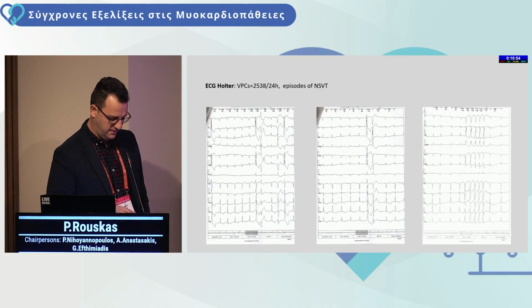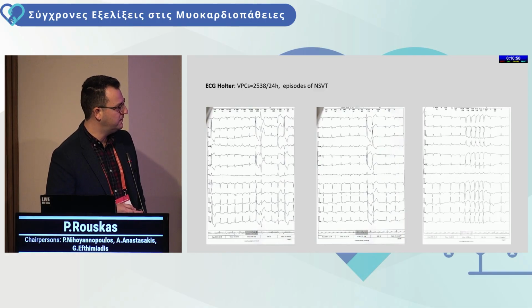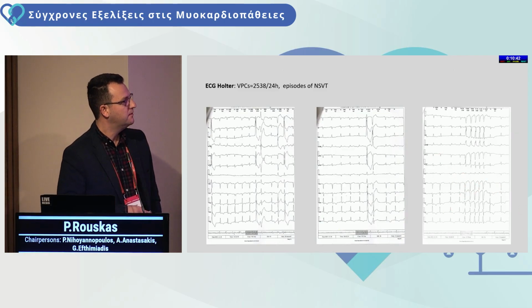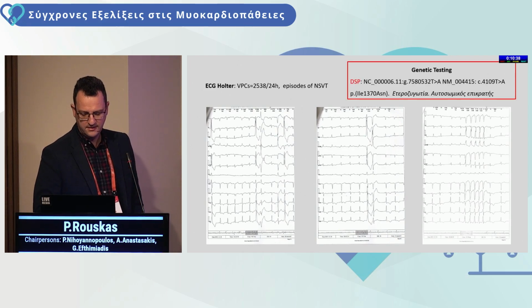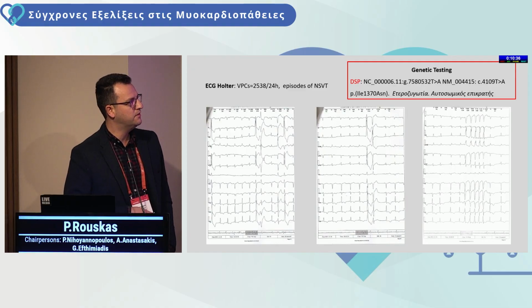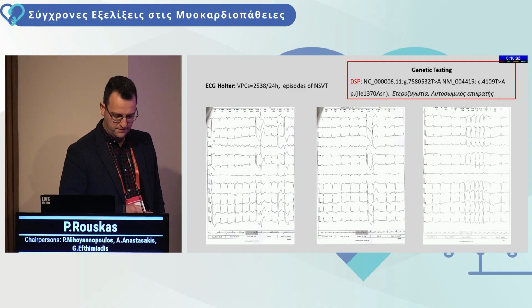It's quite astonishing that there are 3 different origins for these ventricular ectopics, as well as multiple episodes of non-sustained VT, as you can see here on the right part of the presentation. A genetic test was done as well, and it showed the same mutation as the proband.